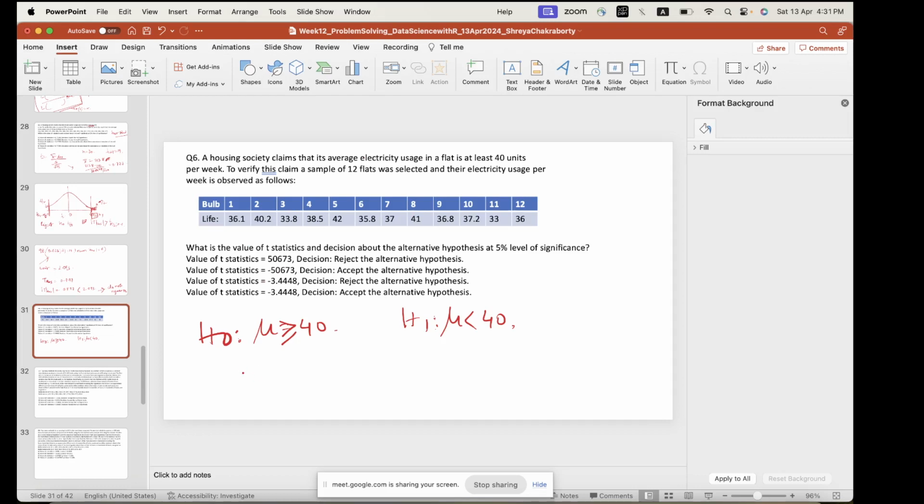So here also T is x bar minus mu naught by S by root n. So the rejection rule here also is if T observed is less than T critical, because mu is less than 40. Alright.